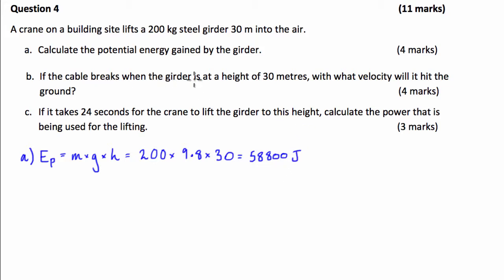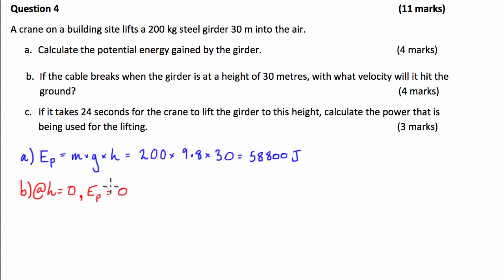Now it says if the cable breaks when the girder is at a height of 30 meters, with what velocity will it hit the ground? Okay, so let's change color for part B. When it hits the ground, its height is going to be 0, so the potential energy at h equals 0 is also equal to 0.